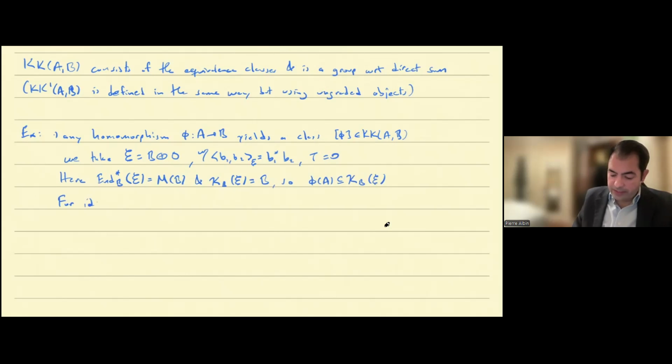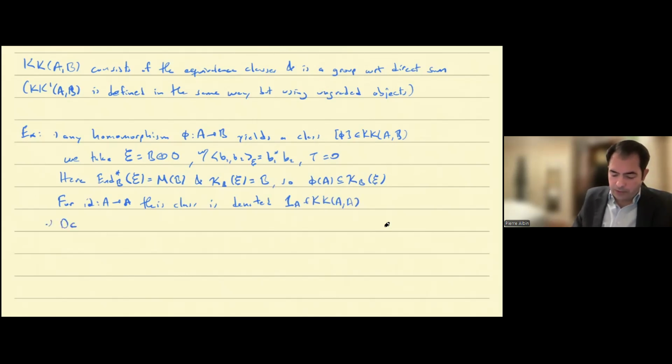If you start with the identity map from A to A, then this class is denoted just the 1 in KK-A-A.